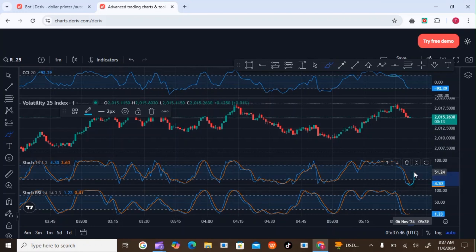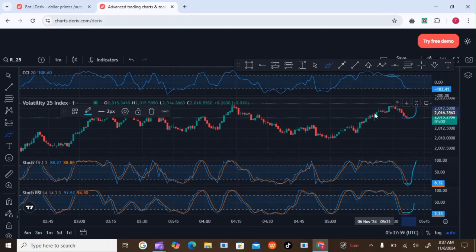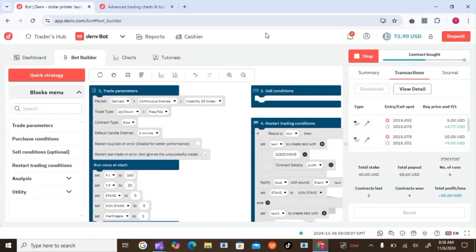So looking at this, it has not completely crossed, but we know it is changing direction to the up direction. And then the stochastic RSI, we can see it's trying to make an up direction. We also have this candlestick trying to make an up direction, and then the CCI also is on the oversold point.